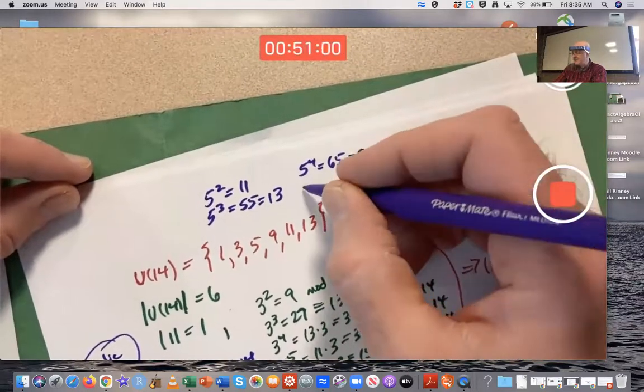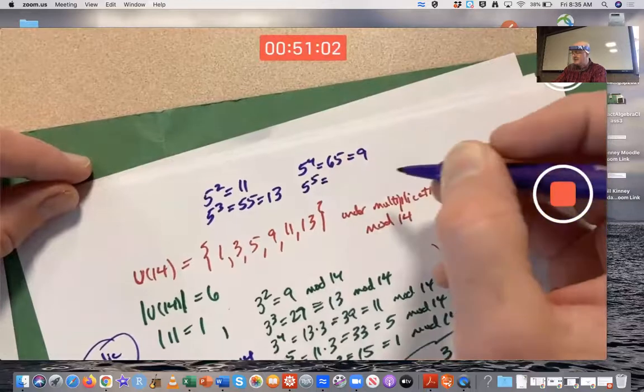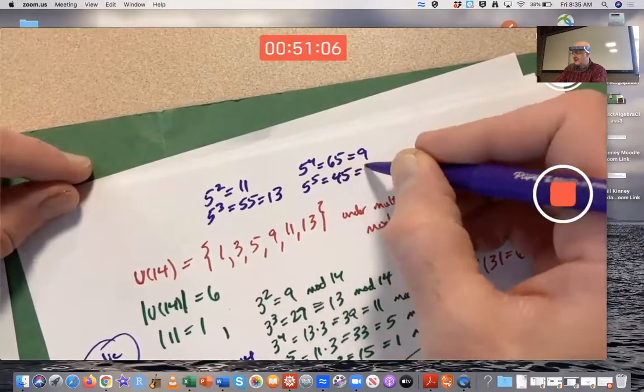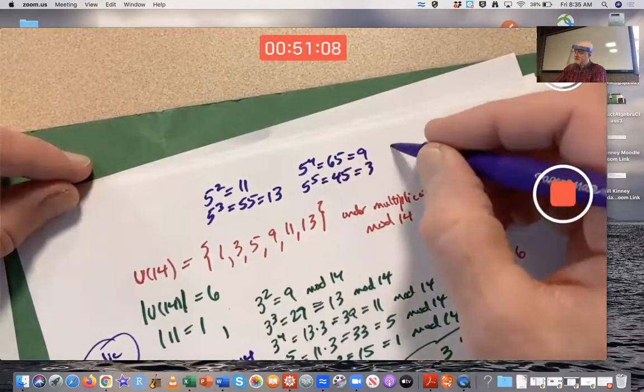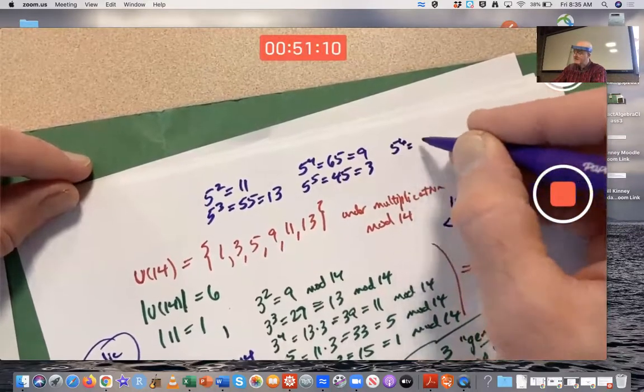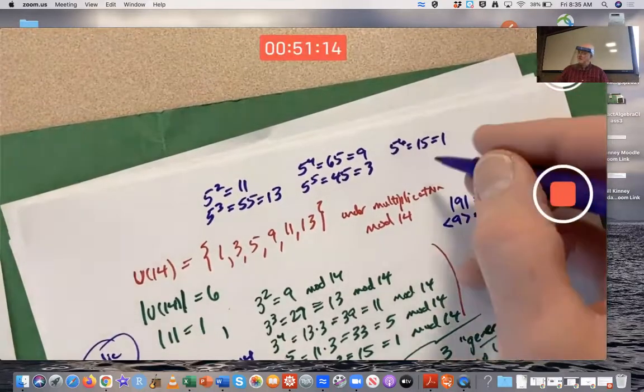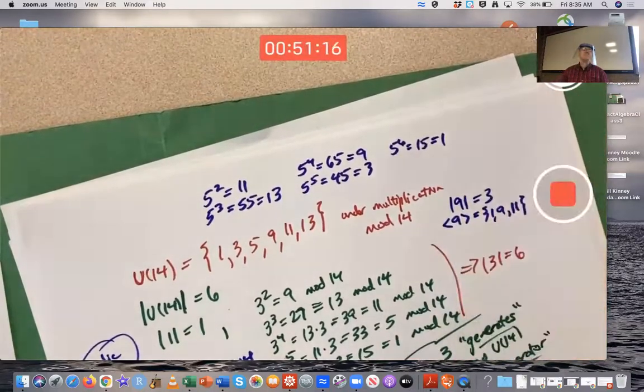Yeah, it's got to have order 6 here. 5 to the 5th, 9 times 5 is 45, mod 14 is 3. And 5 to the 6th is 5 times 3 is 15, mod 14 is 1. 5 generates the whole group as well.